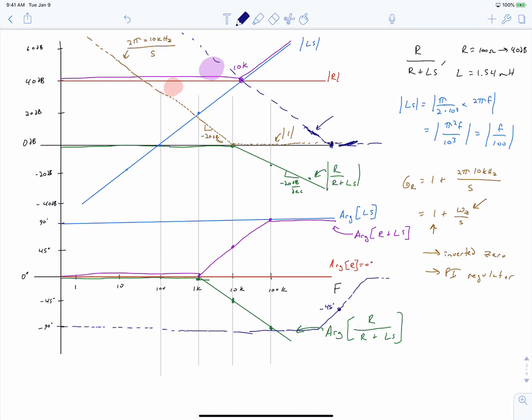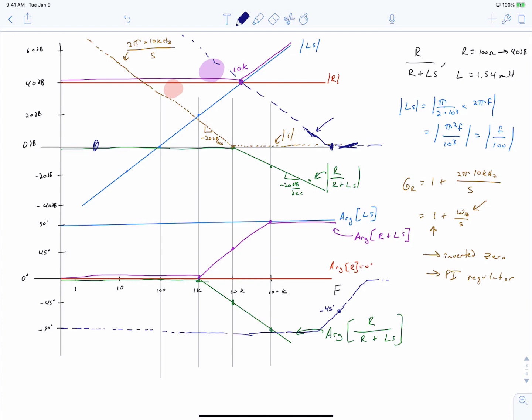So when you add the green line, your power converter transfer function, to your regulator transfer function, you'll see that you'll end up crossing over somewhere around here. And if you add the phase angle of the green line with the purple line, you're going to end up getting negative 180 degrees.